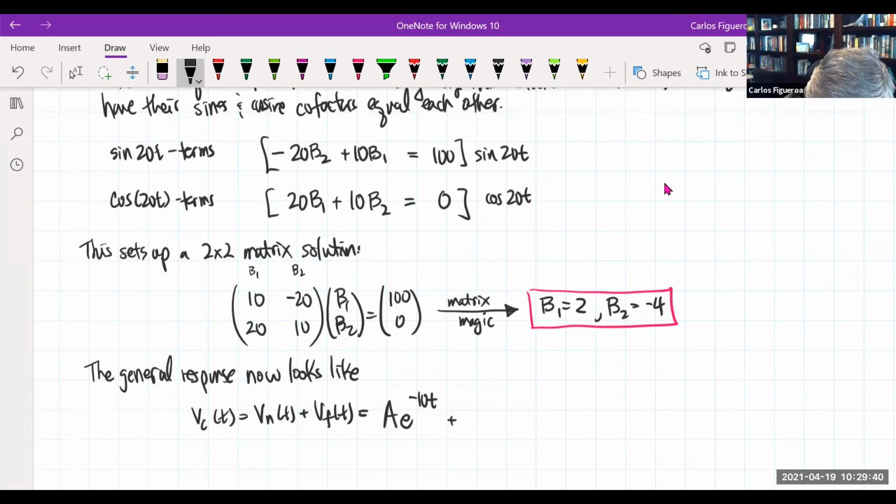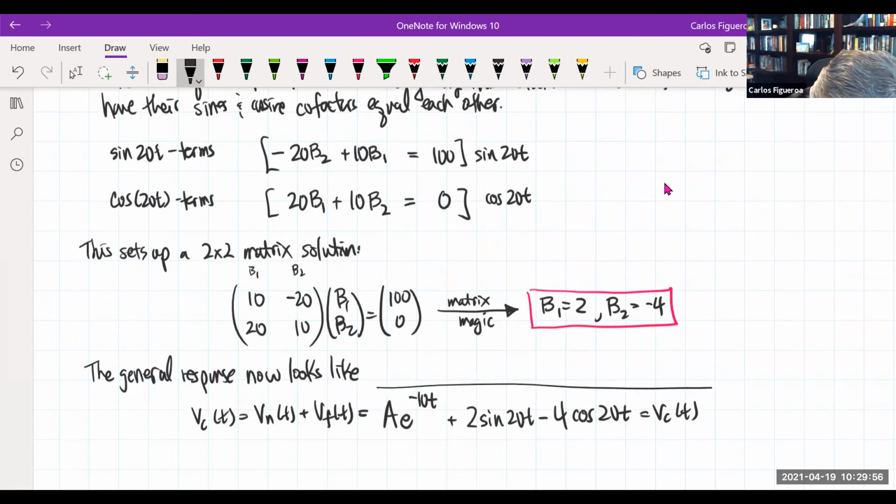And then if I put these values in, it's 2 sine of 20t minus 4 cosine of 20t. Now I have my general response right here, and this is the guy I have to worry about.